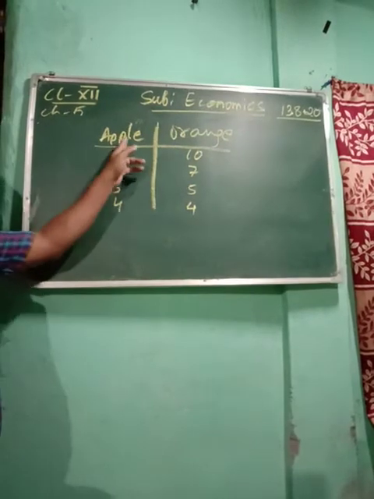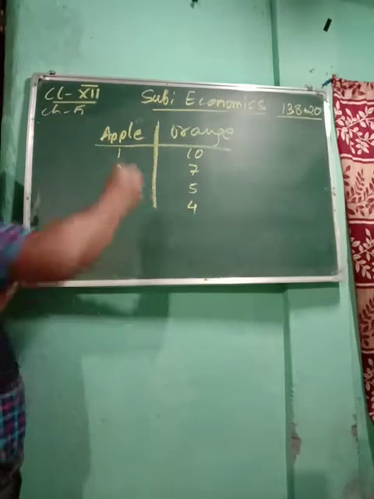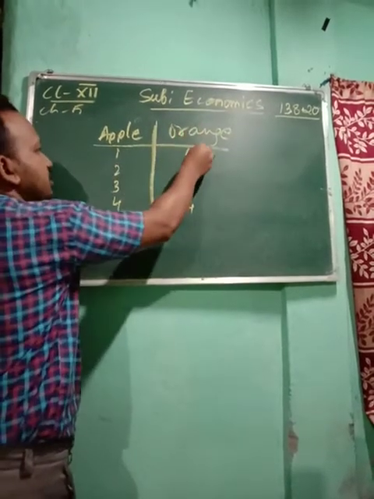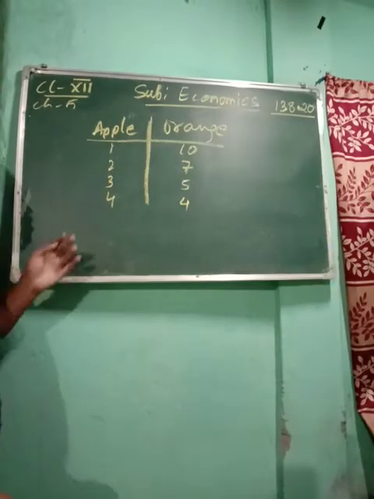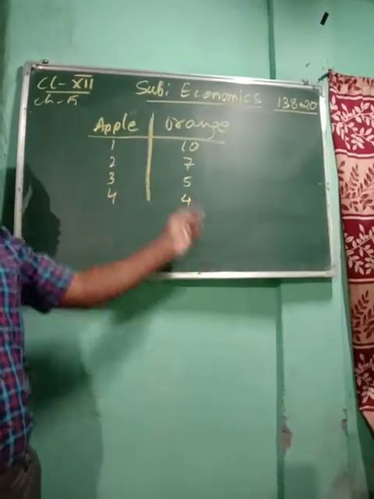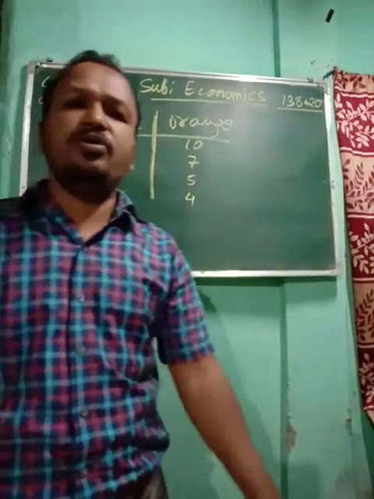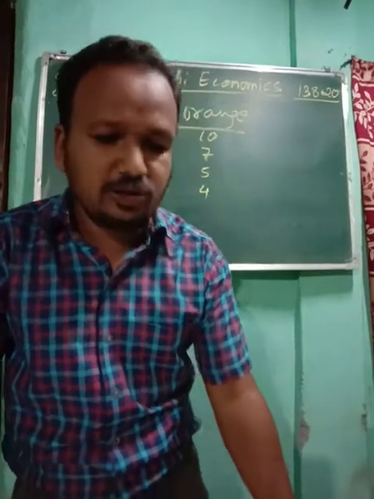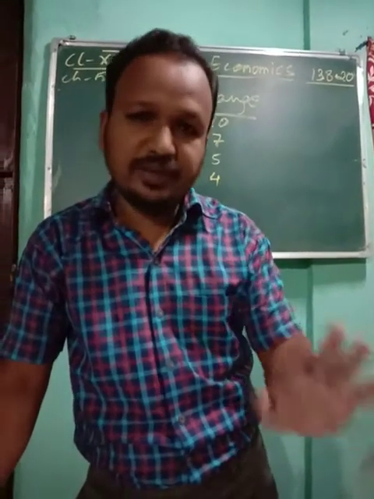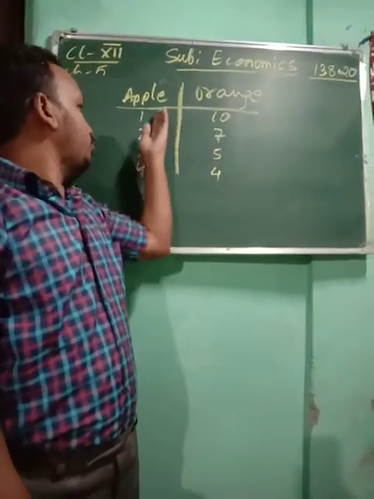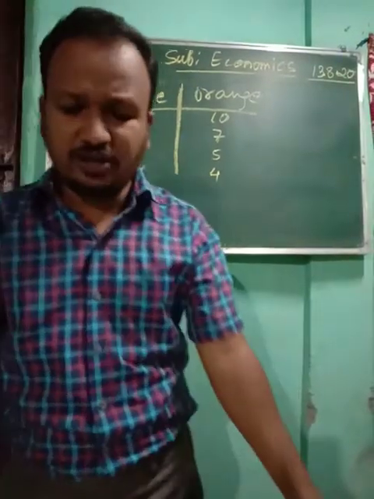When the consumer is consuming an additional unit of one commodity, say more apples, the other commodity he has to substitute, that means reduce. When the consumer consumes more of one commodity, there should be a reduction in the consumption of the other. This phenomenon is your MRS, marginal rate of substitution. In the indifference curve I showed you, when they consume more of one commodity, they reduce the other. This is called the marginal rate of substitution.